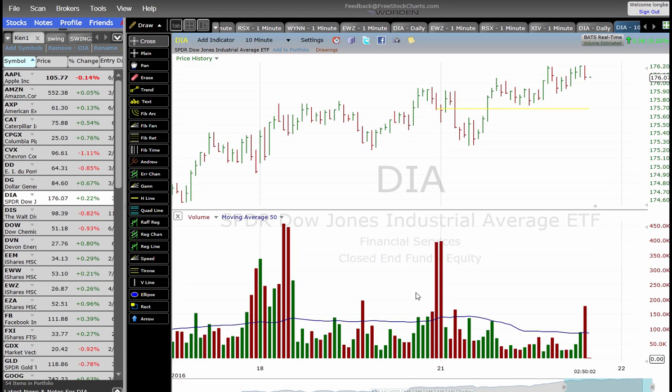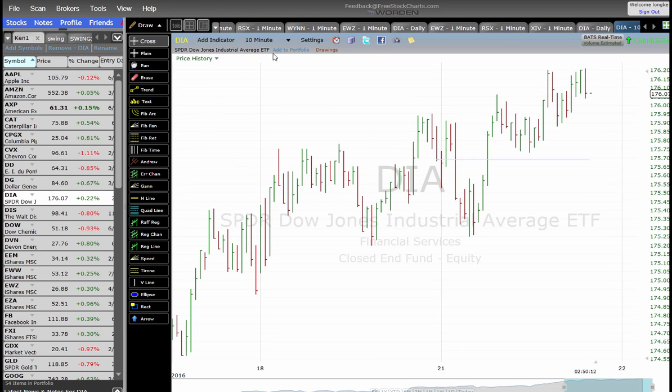So this is the default setting I have on my machine for free stock charts. I'm not going to need the volume because I'm going to add volume at price on the left hand side when we get there.